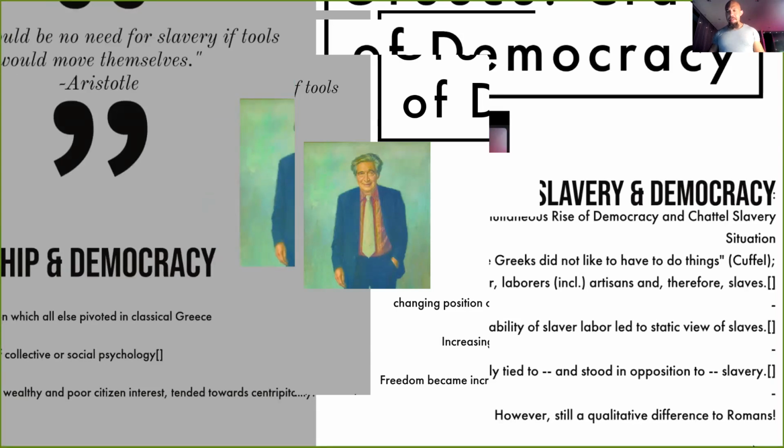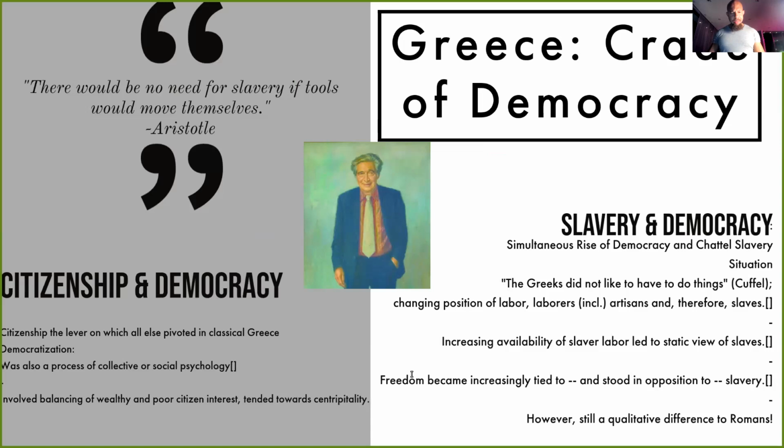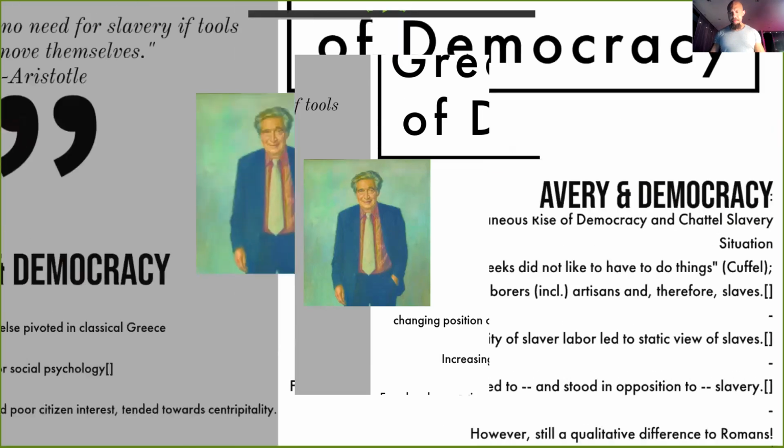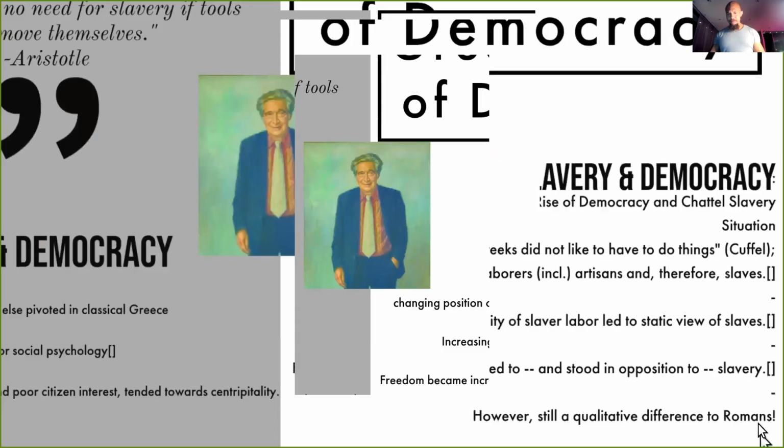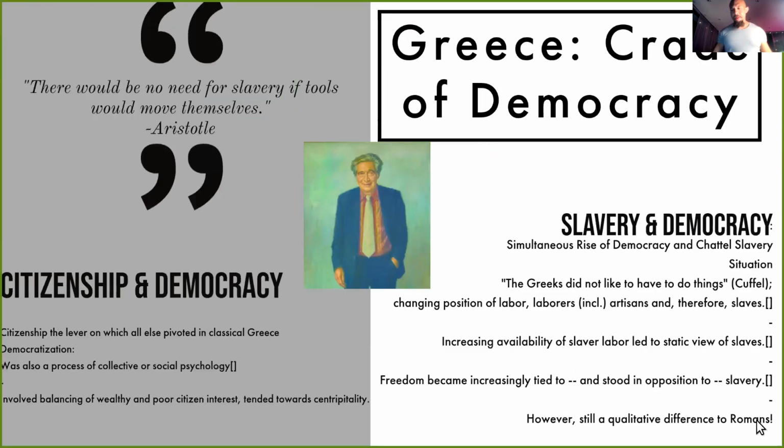Thus, freedom became increasingly tied to and stood in opposition to slavery. There was an identification of the slave with the master and the master with the slave, in a sense that is very reminiscent of Hegel's master-slave dialectic.